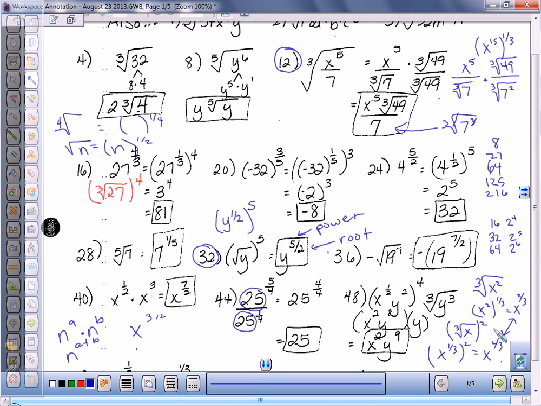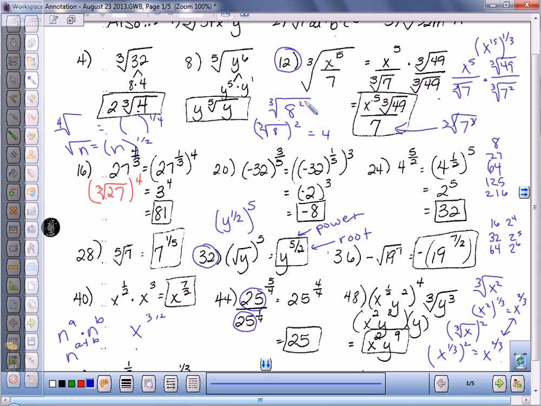Yes, sir. In general, does it matter if you had the cube root of 8 squared, would it matter if you did the cube root of 8 and then squared it, or if you squared it first? Okay, so Brian's question was about the order.